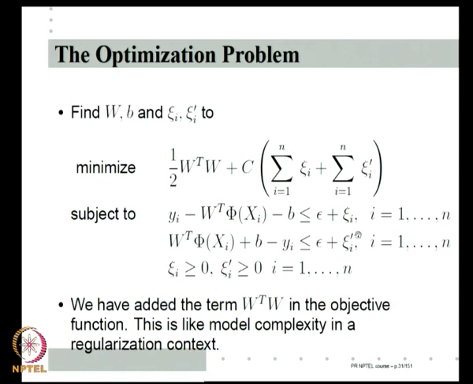Because our Lagrange multipliers are alpha_i here and alpha_i prime here, complementary slackness shows us that both alpha_i and alpha_i prime cannot be simultaneously greater than 0. For them both to be greater than 0, both inequalities would have to be satisfied by equality. That is not possible. So, only one of alpha_i and alpha_i prime would be greater than 0 at the optimality point.